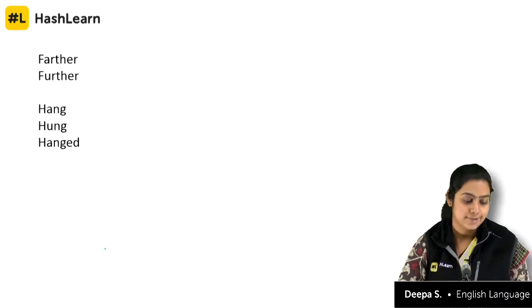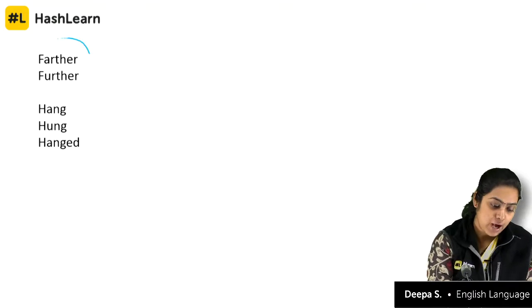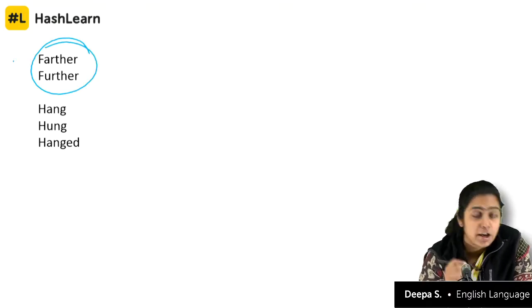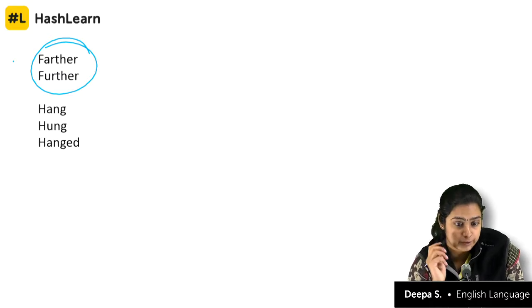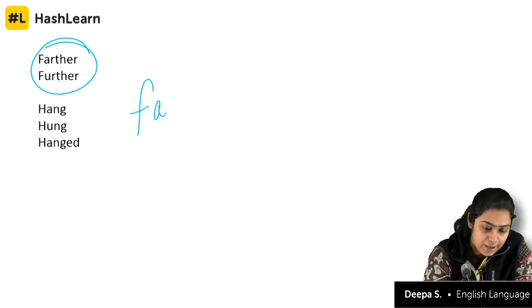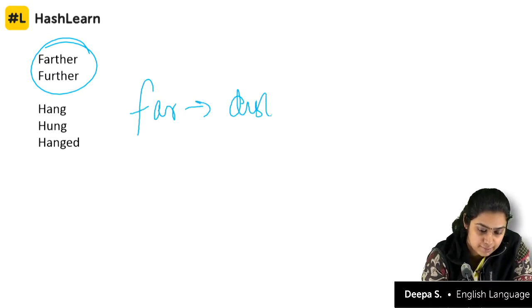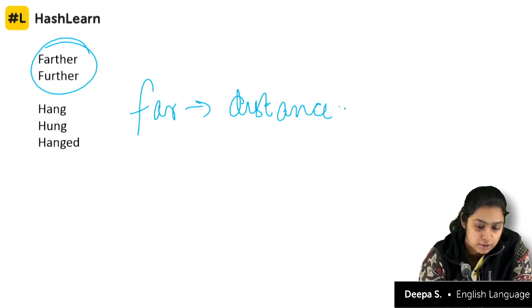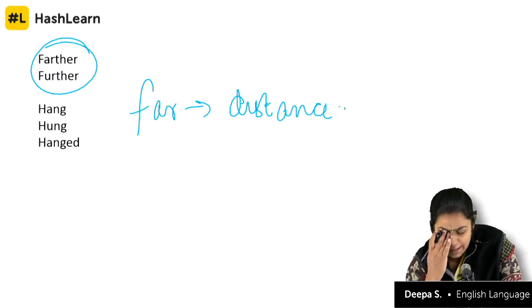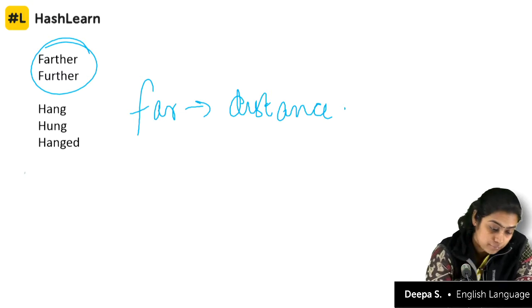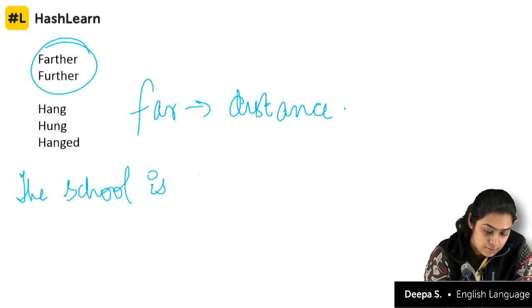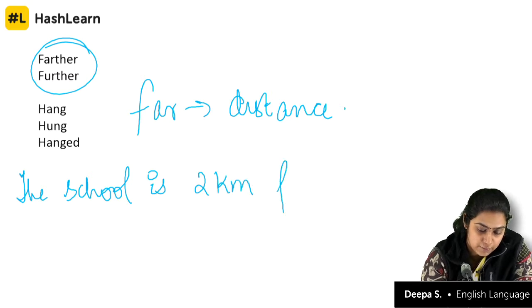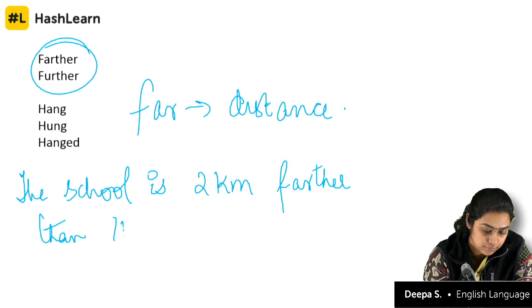Meanwhile, let's just go forward with farther and further. Now, quite a few people get confused between farther and further. Far is to do with distance. So you're right in saying the school is 2 kilometers farther than this.